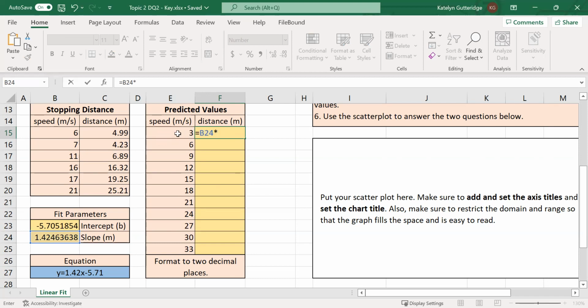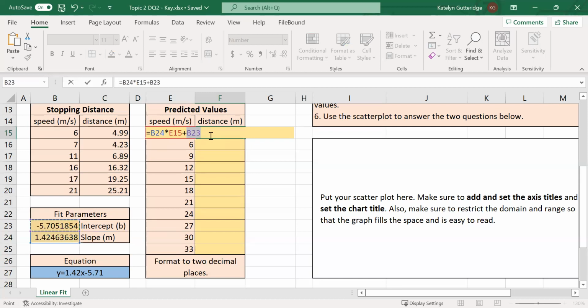So we are predicting the first one for 3. So slope times that 3, and then plus the y-intercept. So I'd click on my y-intercept. So then my formula would be equals B24 times E15 plus B23. Equal sign slope times the x value you're on plus the y-intercept.